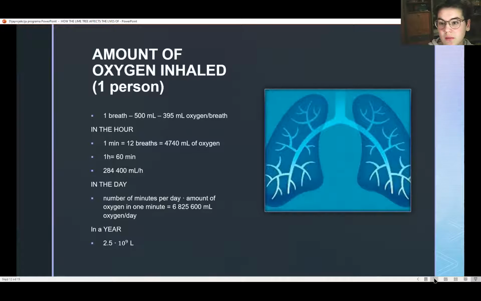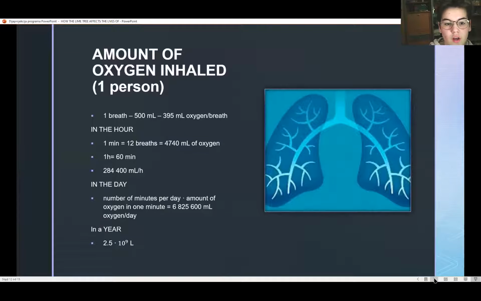Next, I calculated the amount of oxygen that one person inhales. We said at the beginning that in one breath, there are 500 milliliters of air, and 79% of that is oxygen, which will be 395 milliliters of oxygen in a breath. Since in 1 minute we breathe 12 times in a resting state, we breathe in around 4,740 milliliters of oxygen.